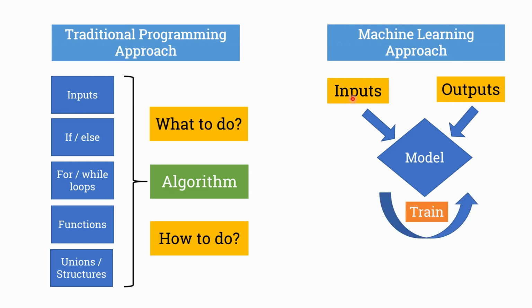So the model is then trained on these inputs and outputs so that it learns the patterns, develops the relationship between the given inputs and the outputs itself, and in turn forms an algorithm by its own training. Whereas in the traditional programming approach, the algorithm is being fed to the machine.